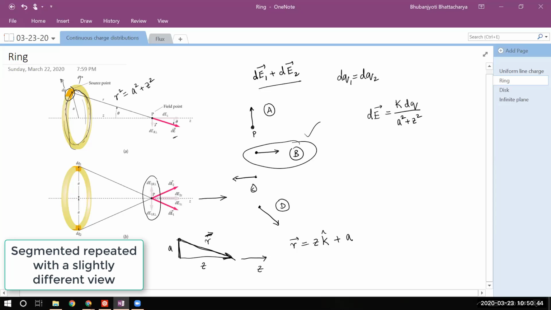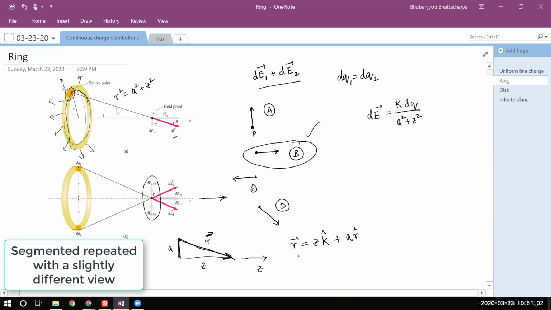So depending on where you are, that part of the vector will be pointing radially outward. And since it's going to be radially outward, I'm going to give it an r hat, a radially outward direction. And so this is the full vector.